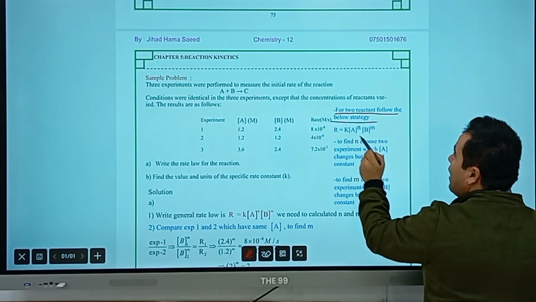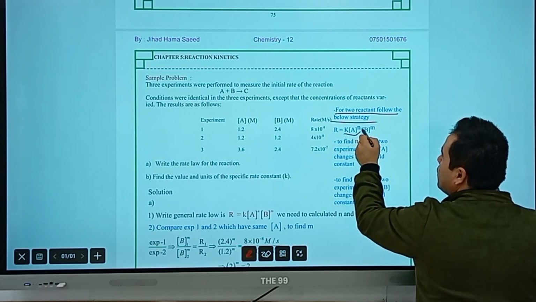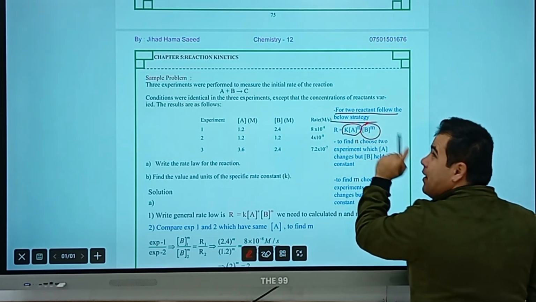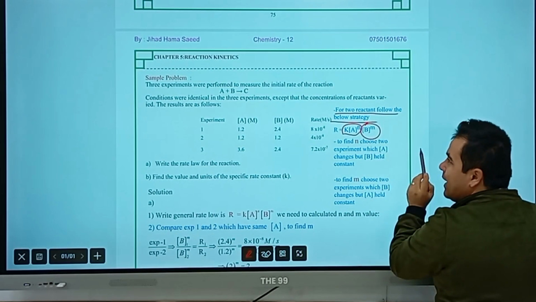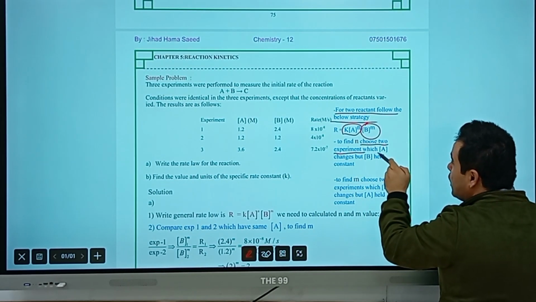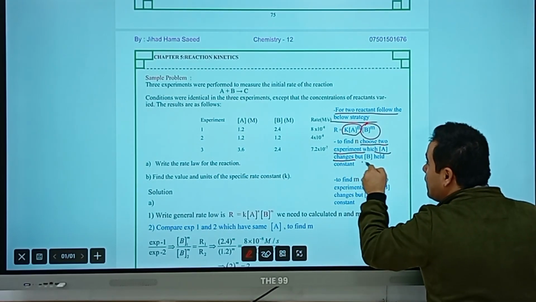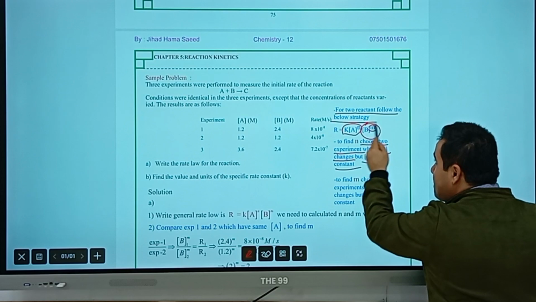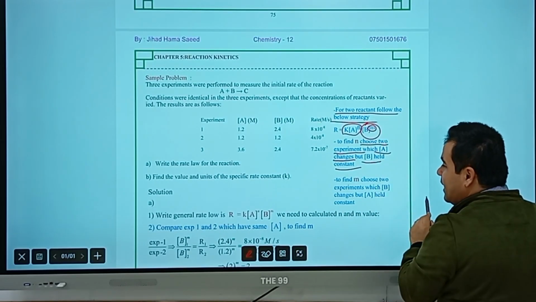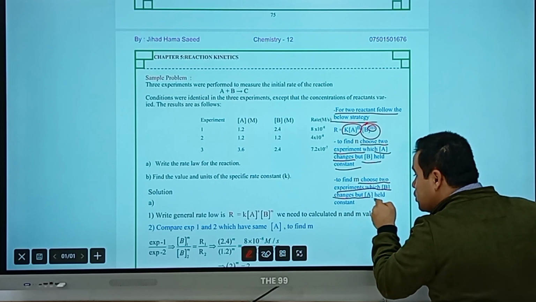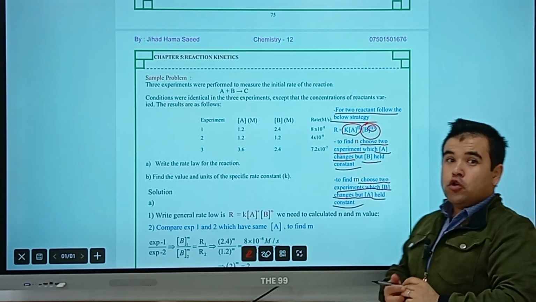For example, if we have r = k A to the power of n, B to the power of m. To find n, which is the order of A, choose two experiments, this must be the condition, in which A changes but B is held constant. To find m, which is the order of B, we have to choose two experiments in which B changes but A is held constant.